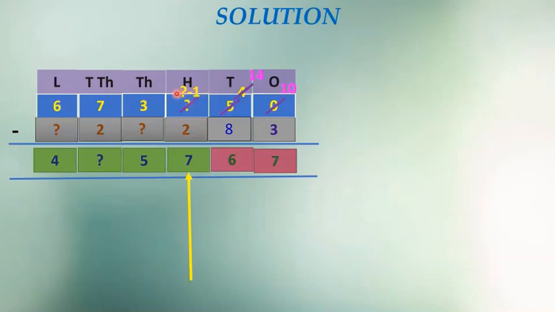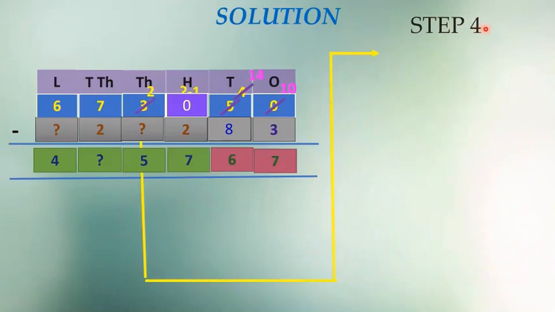Yes. In that, question mark minus 1 is equal to 7 plus 2, because minuend is equal to subtrahend plus difference. So 7 plus 2, 9, and minus 1 here is there, means you have to add here. So 10. So question mark becomes 0 and we have to borrow. Borrowed, then only it is possible. Here 0 is there, means it will be borrowed, no? So 3 becomes 2.